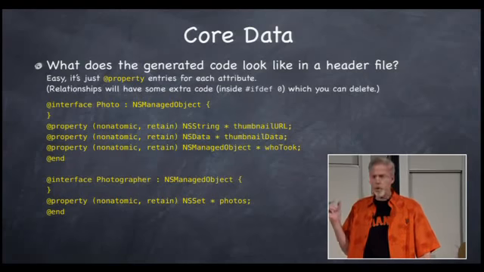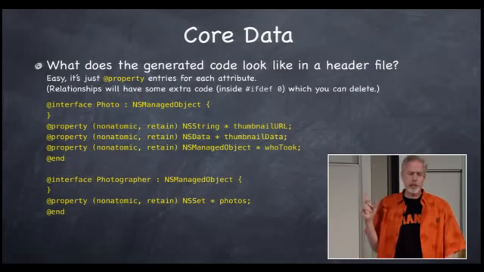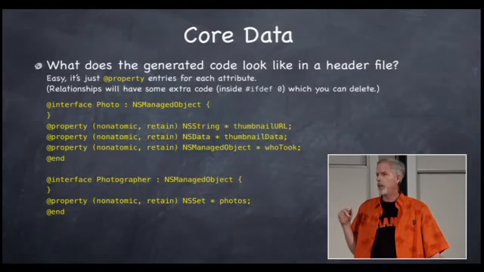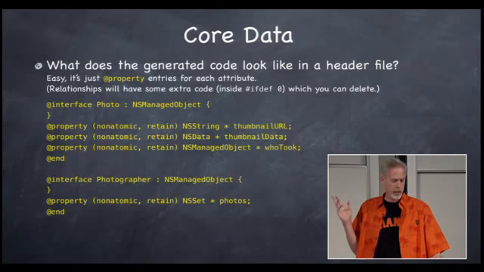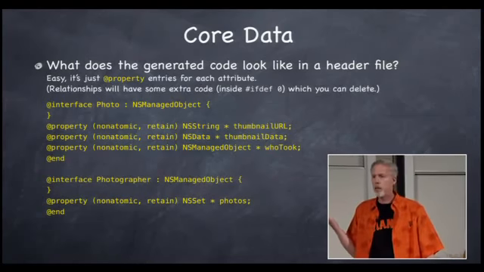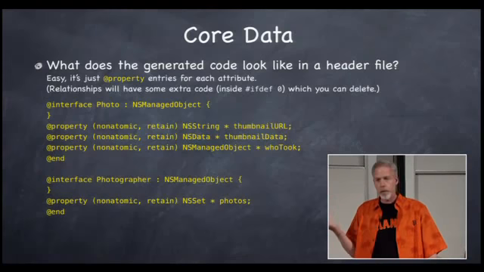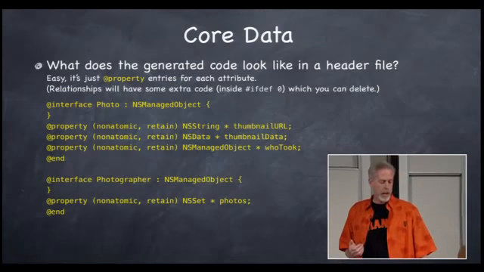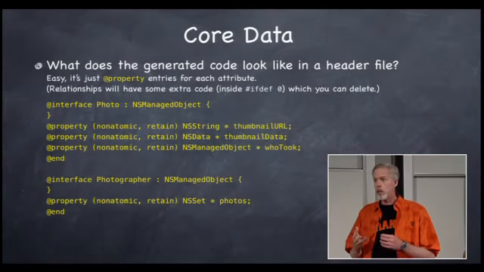You can see that mostly what gets put in there is just @property retain for each of the things in my data model. The type of each is appropriate to what kind of object it is. Our thumbnail URL was a string, so it's an NSString. Thumbnail data was a binary data type, so it gets NSData. And then whoTook is a photographer.